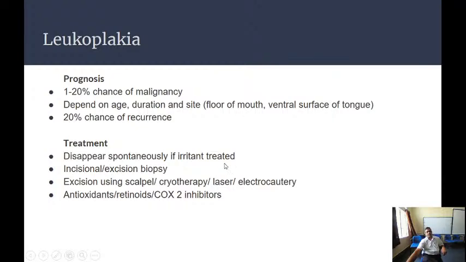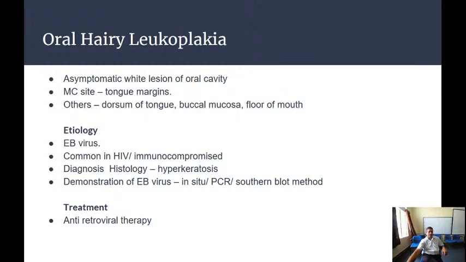Usually with the medical treatment, antioxidants, and taking away of the irritant, slowly the leukoplakia disappears. But if it persists and if it is growing in size, a biopsy has to be done, where you will know whether there is already a malignant transformation.